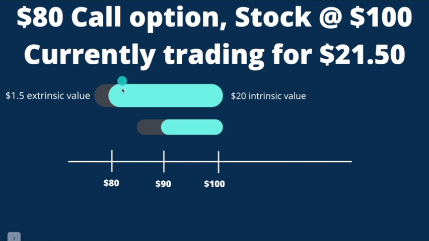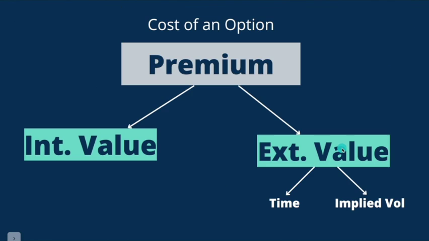Okay, and if you notice here, the extrinsic value is now smaller. So the deeper in the money an option goes, the less and less extrinsic value there will be in the contract. And the reason for that is your options start to trade more and more like stock. Okay, and stock has an extrinsic value of 0.